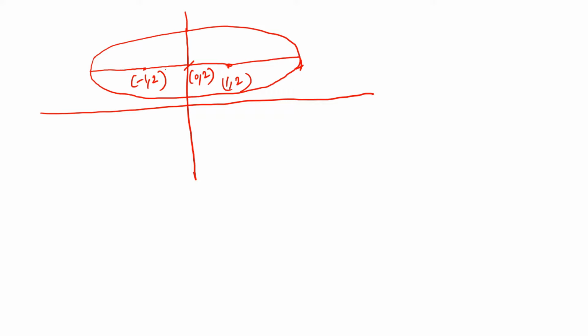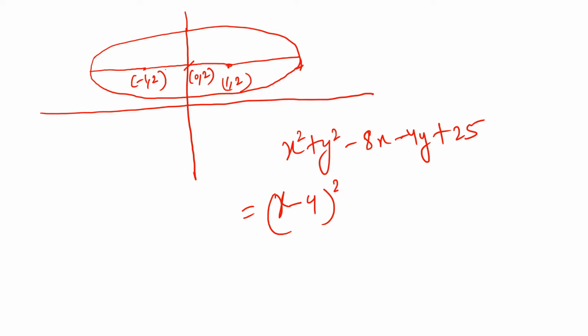Now students, we have to calculate the range of the expression x² + y² - 8x - 4y + 25. Fine. Let us see what is represented by this expression. You can rewrite this expression as (x - 4)² + (y - 2)².